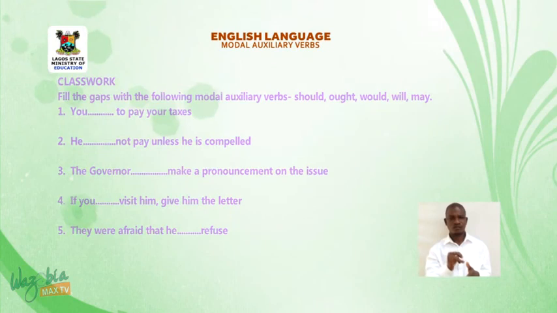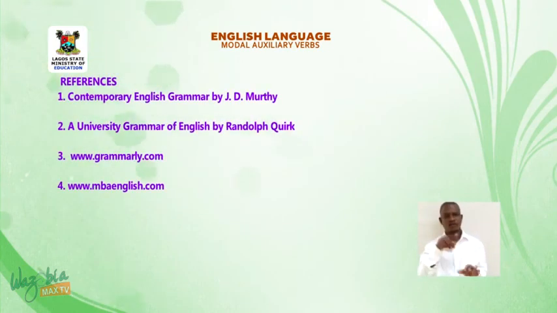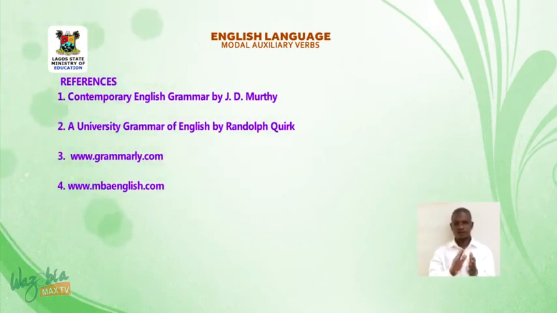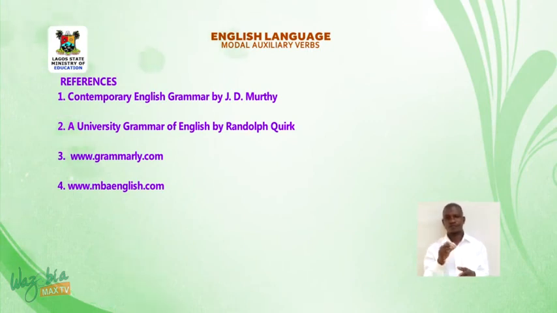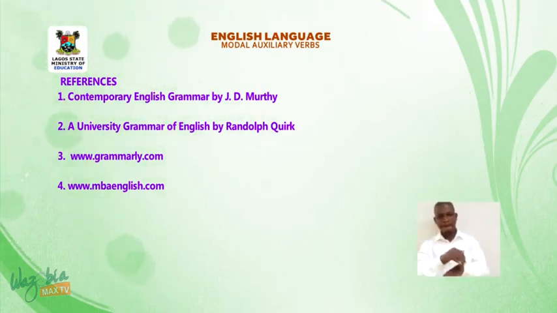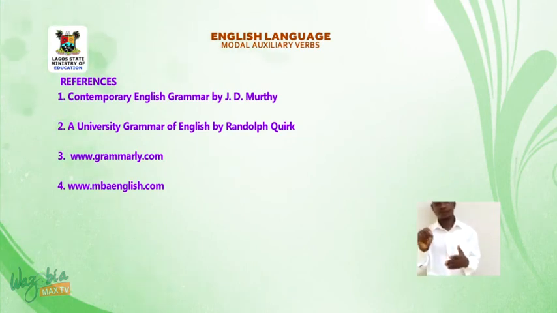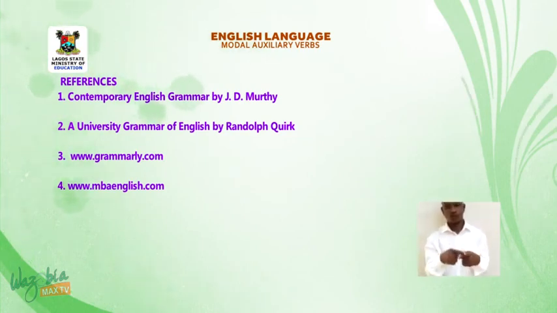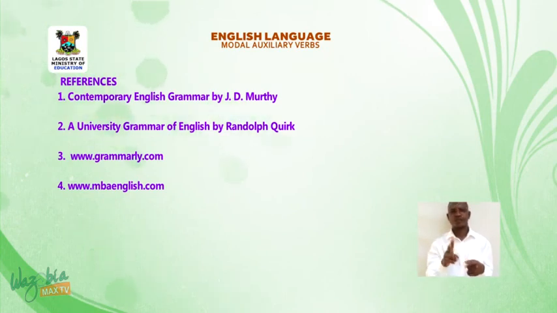Now, students, for further reading, you can consult the following books. 1. Contemporary English Grammar by J.D. Modal. 2. A University Grammar of English by Randolph Waec. You can also Google, or you can go to these two sites.